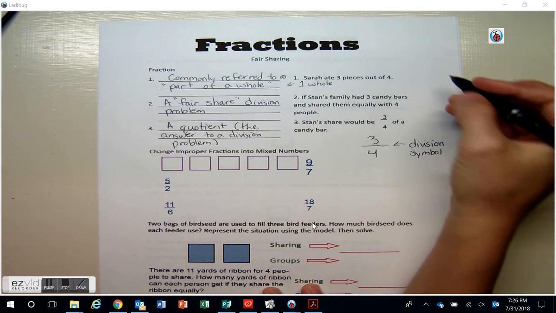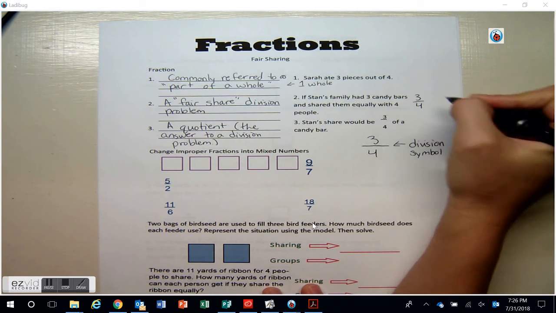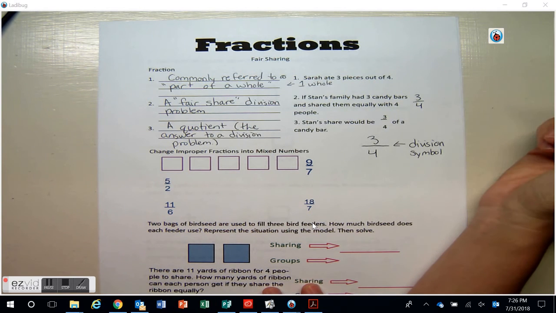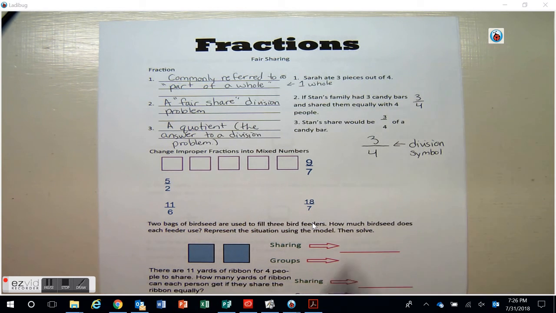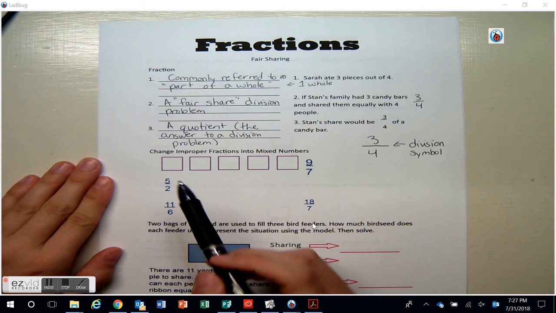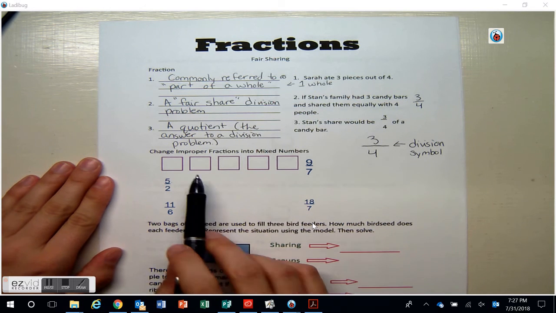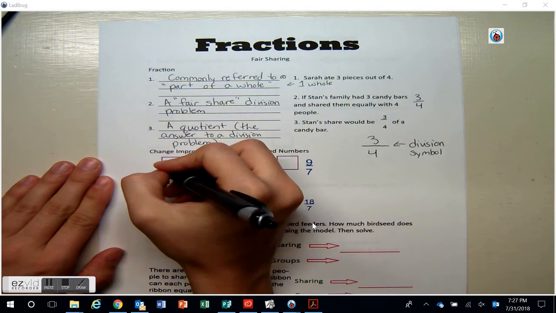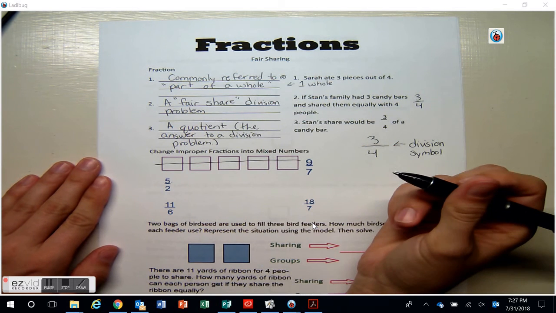So not only is this the problem, but it's also the answer. So here, for number 3, a fraction can also be a quotient, which is the answer to a division problem.